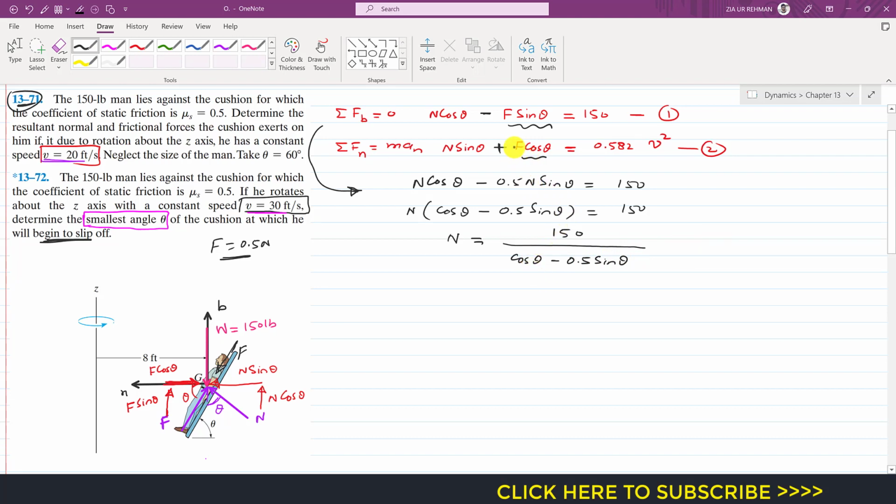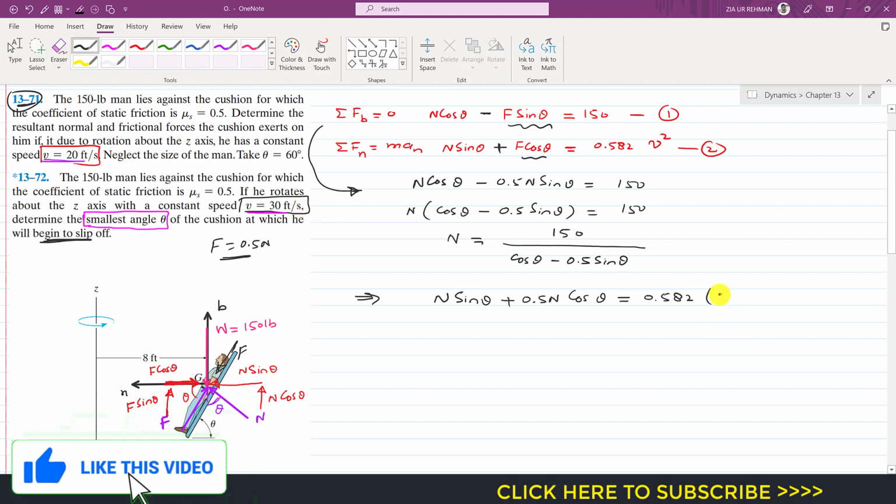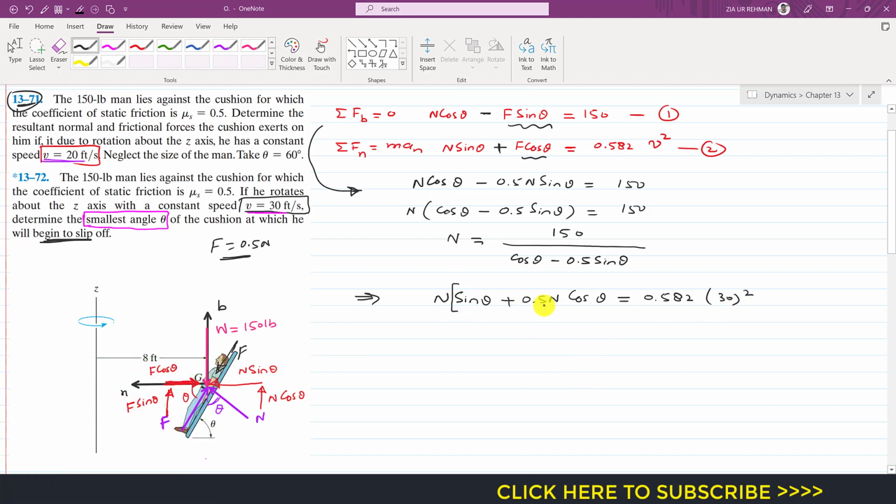Now again, if I replace this F by 0.5 N in equation 2, we will have equation 2 like this: N sine of theta plus 0.5 N cos of theta equals 0.0582 v square, and for the second case the velocity is 30 feet per second, so we can put 30 square. If I take N common from both of these terms, we will have N times sine of theta plus 0.5 cos of theta.